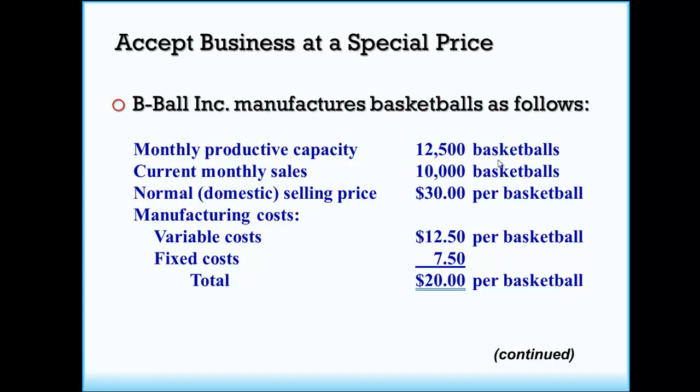The normal selling price is $30 per basketball. Okay? And when we look here at the cost, there's variable cost of $12.50 per basketball. So the variable costs include direct labor and direct materials. Fixed cost, maybe this is to light the factory, whatever, that's $7.50 per basketball. So we're looking at a total of $20 per basketball with manufacturing costs split into these two components.